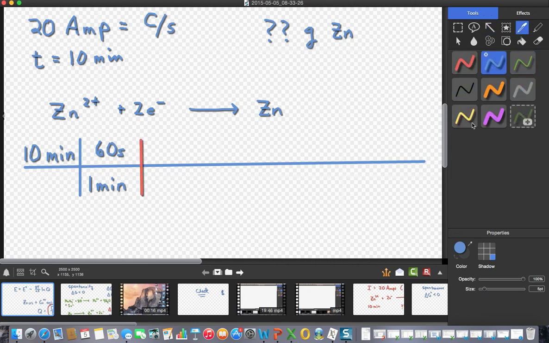And we can cancel minutes from our dimensional analysis setup. The next conversion will be one of the current. We have 20 coulombs per second. Now seconds neatly cancels.